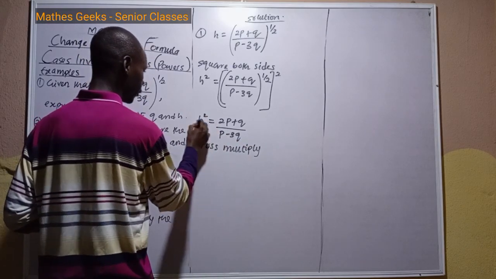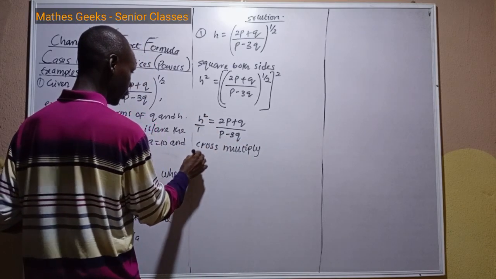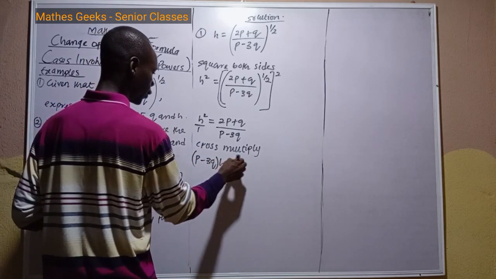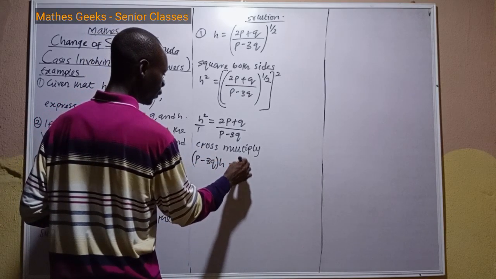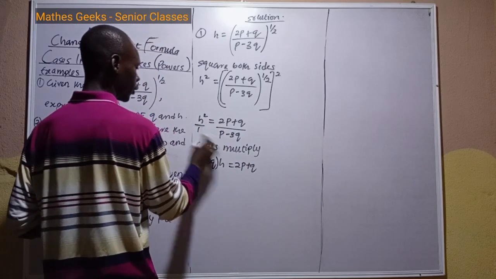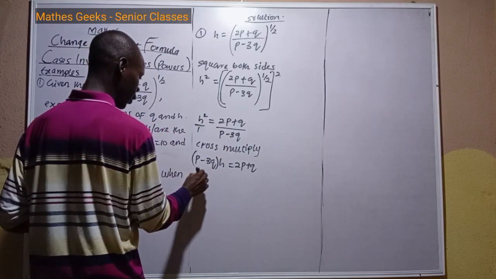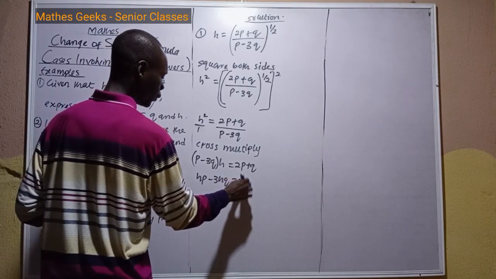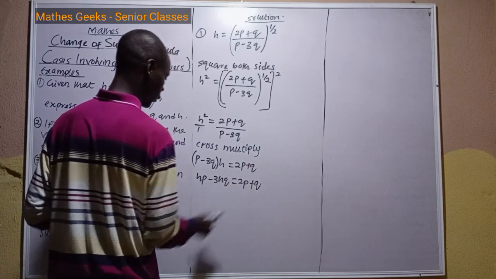So h times p minus 2q equals 2p plus q. So hp minus 2hq equals 2p plus q.